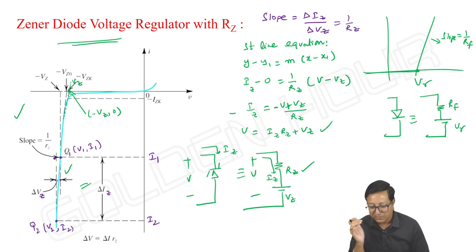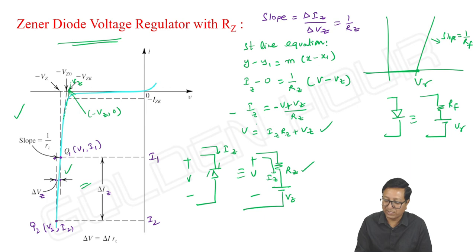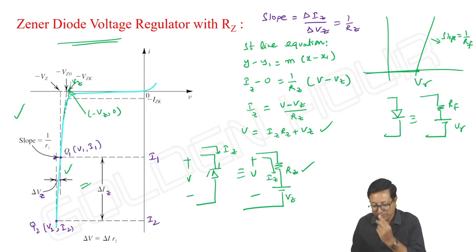V and I are taken in the third quadrant. In that context, I should write minus V here and minus I here, where I is of course equal to Iz. Instead of all such things, I changed it this way. I hope students can understand this.